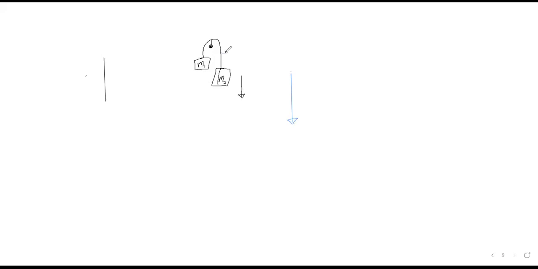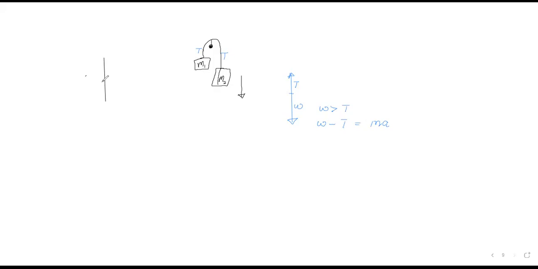And obviously we have a tension there. So here is your tension. And here is your weight. And your weight is greater than the tension because the system goes down. Therefore, weight minus tension will give you the force that the object experiences down there.